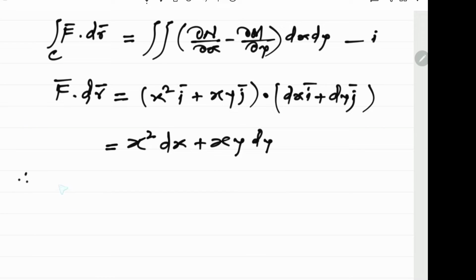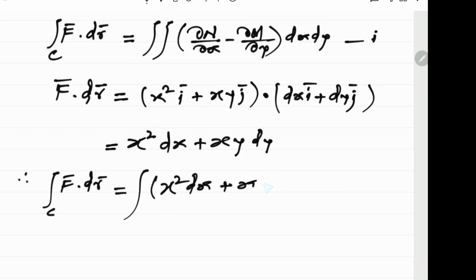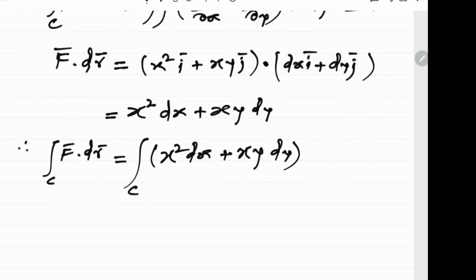Therefore, the line integration of x square dx plus xy dy over the curve C is a sum of three line integrals. From the figure, this integration is equal to the integration along AB, then along BC, and then along CA, and we call this equation number 2.